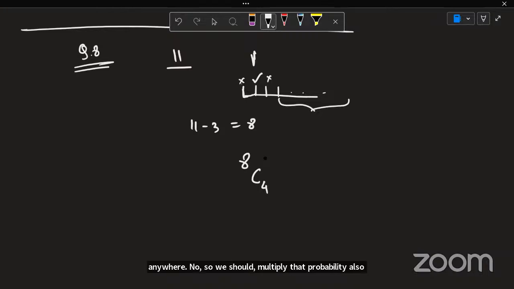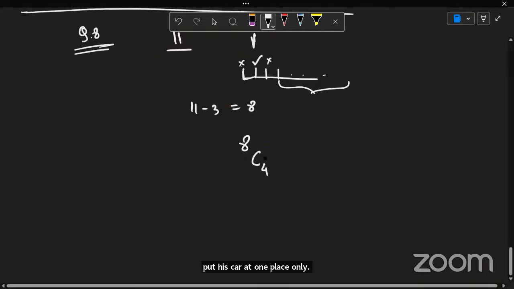No need. Position doesn't matter here. Anywhere he places his car, the count is 8C4 only, because at a time he can put his car at one place only. Okay, understood. So arrangement doesn't matter here.